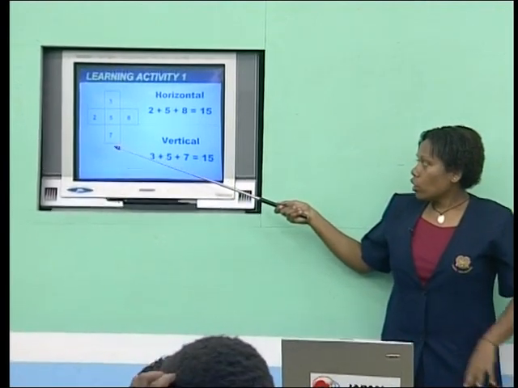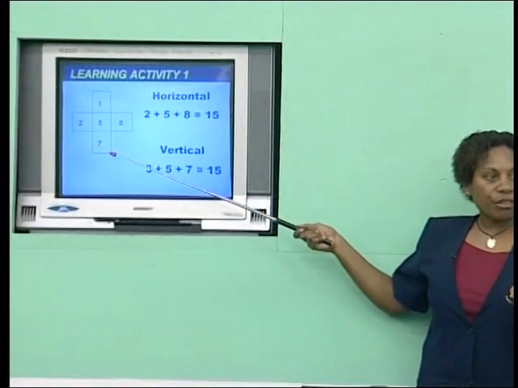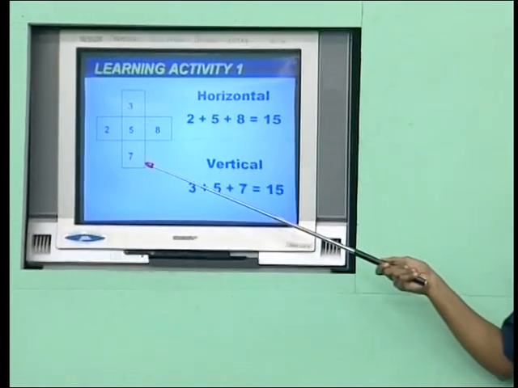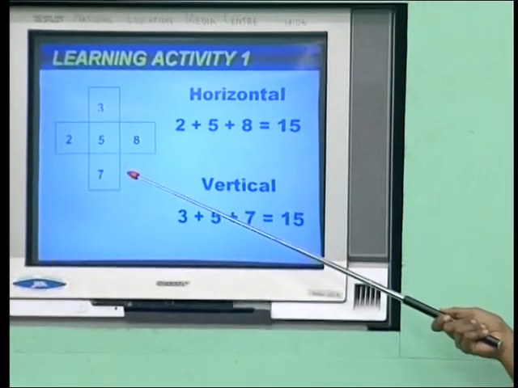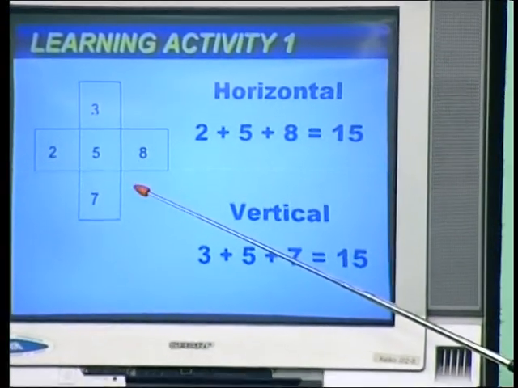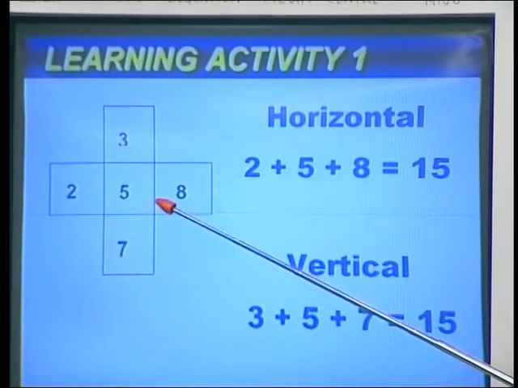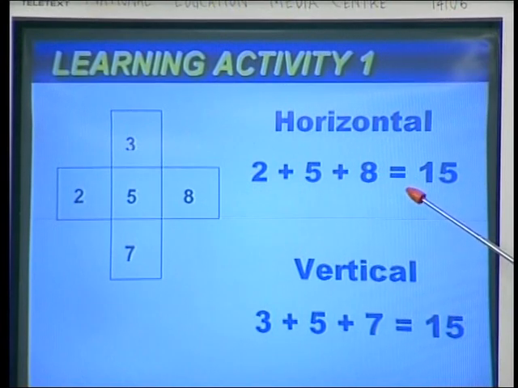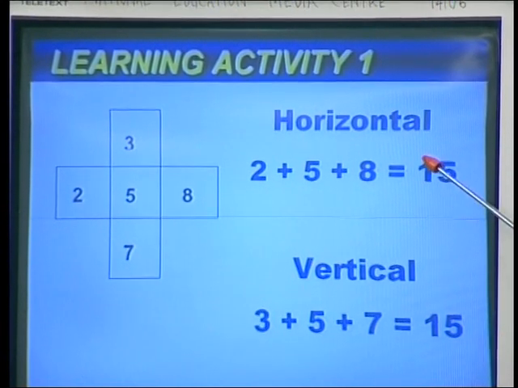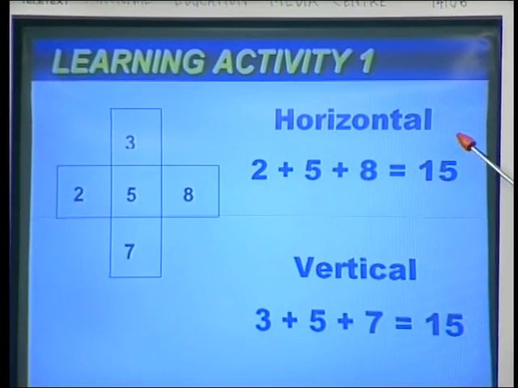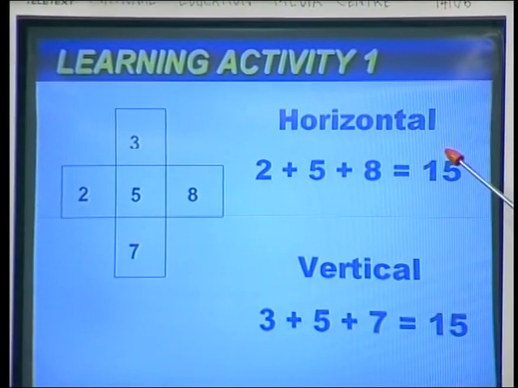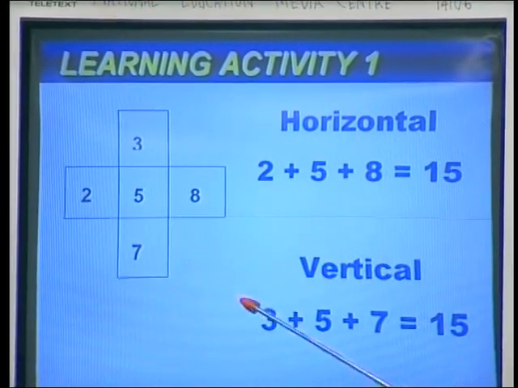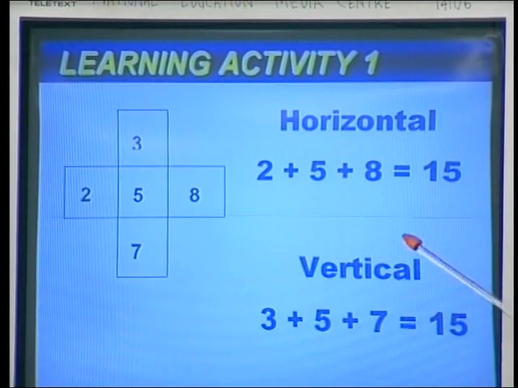So the total is out of 15. 15 is the total, or line total, or hot cross 15, okay? So when I add the horizontal line together, my total is 15. When I add the vertical line, my total is 15.